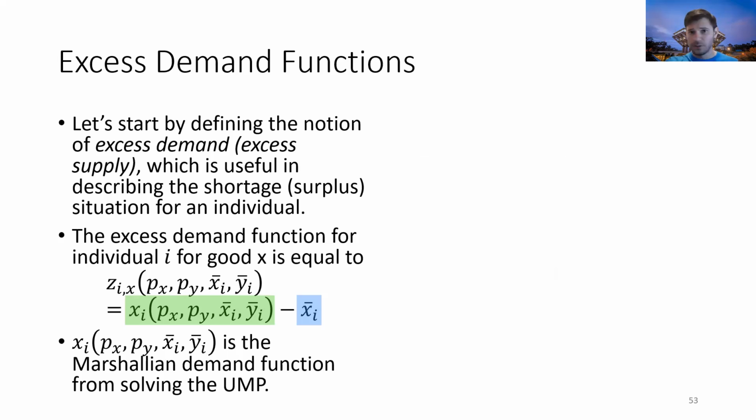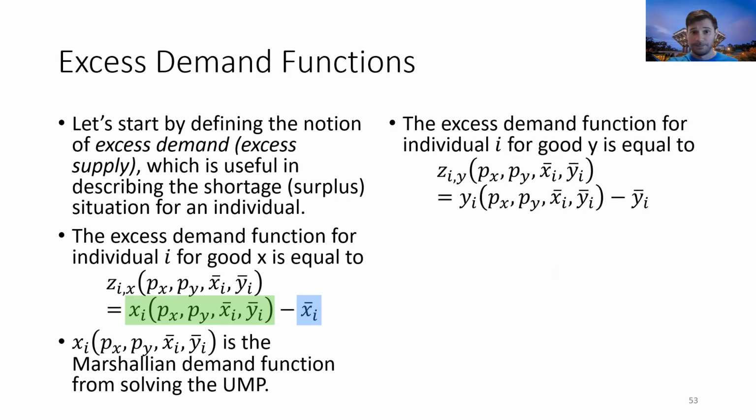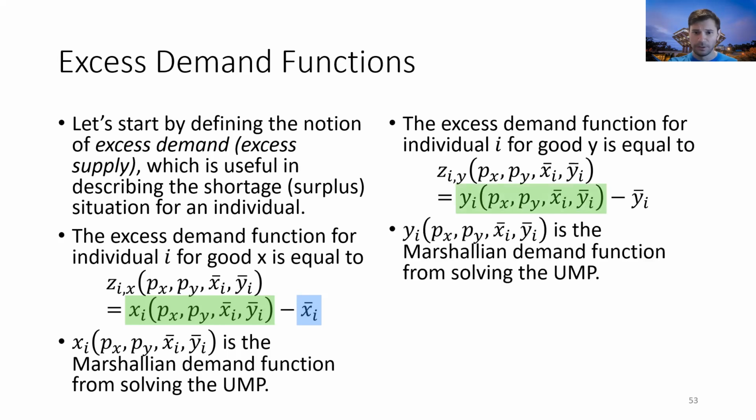Similarly, we can do the same thing for good Y. We can take the demand for good Y that we find from solving our utility maximization problem in green here, and then subtract out the amount we're endowed with as the individual i, which is Y bar.